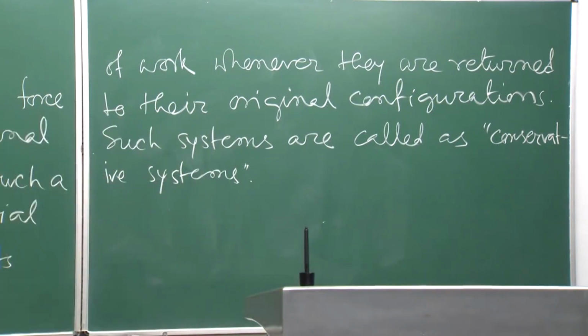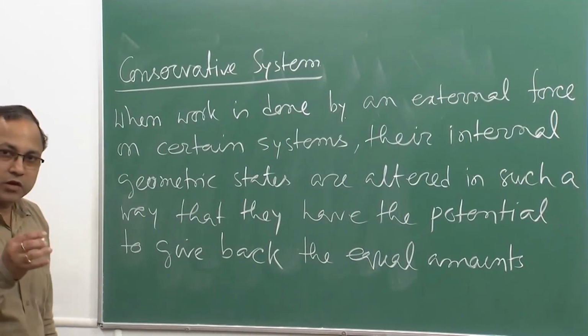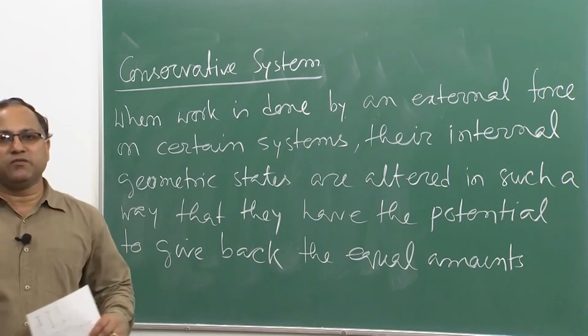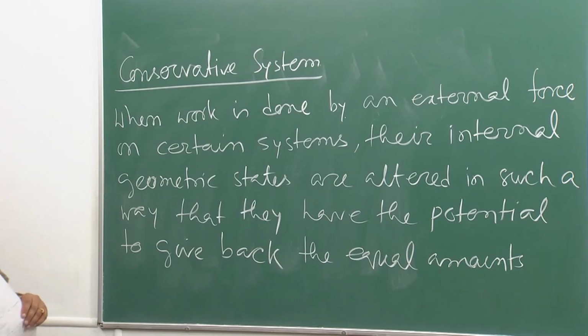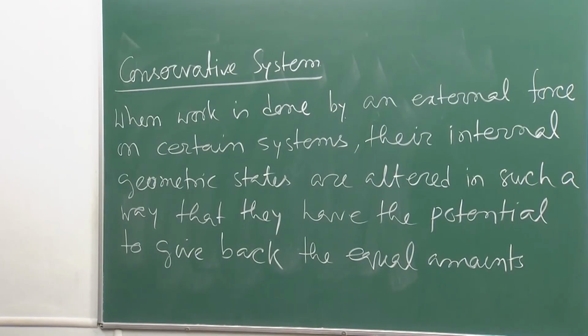Okay. So, what does it say? It says that when some external force is applied on a particular system and some work is done by that force, their internal geometric states, because we are dealing with deformable bodies, are altered.